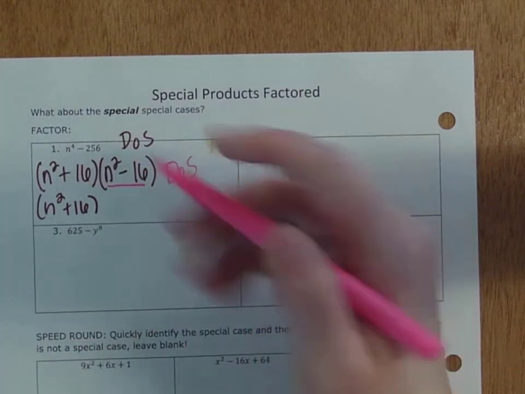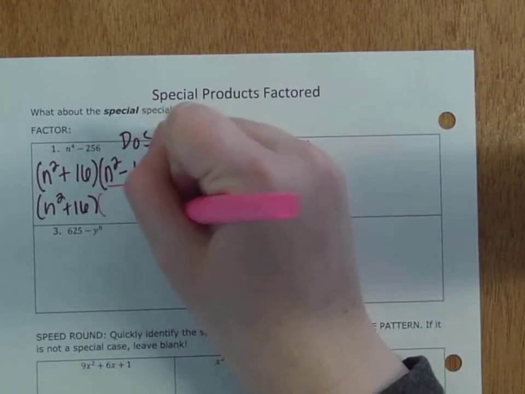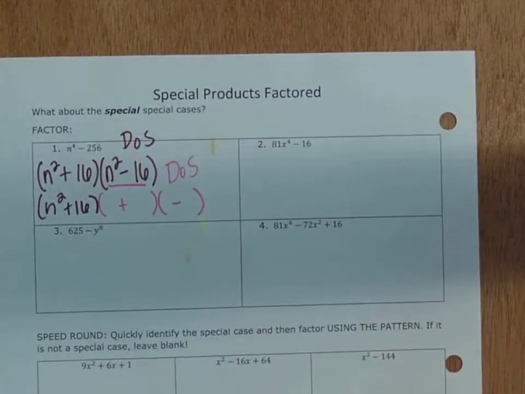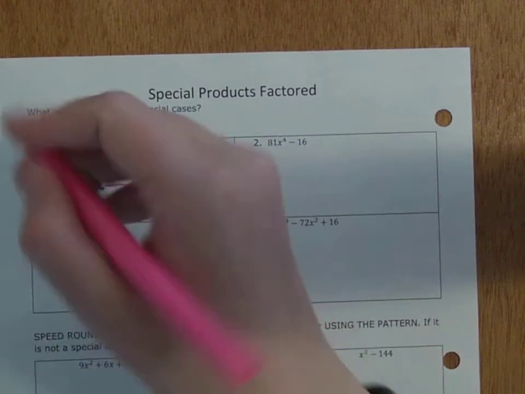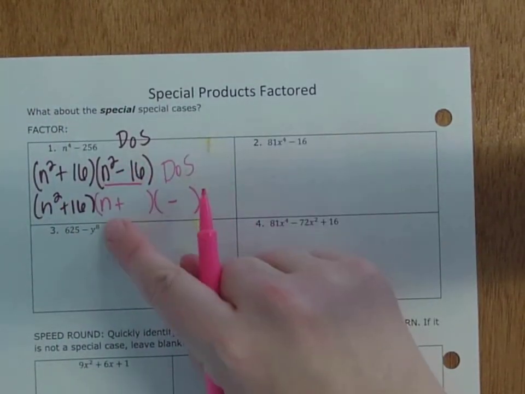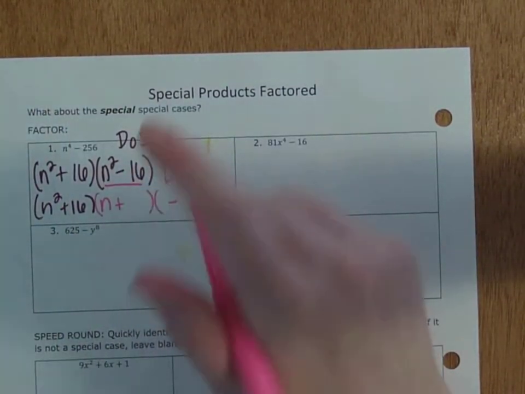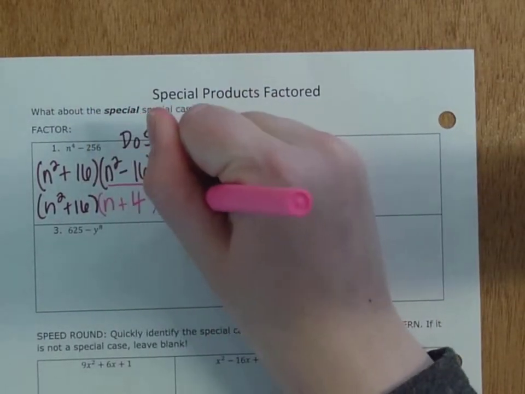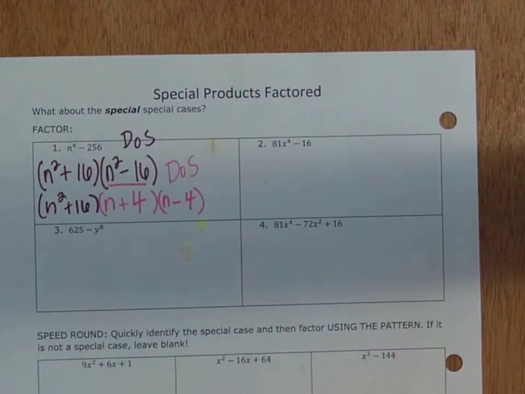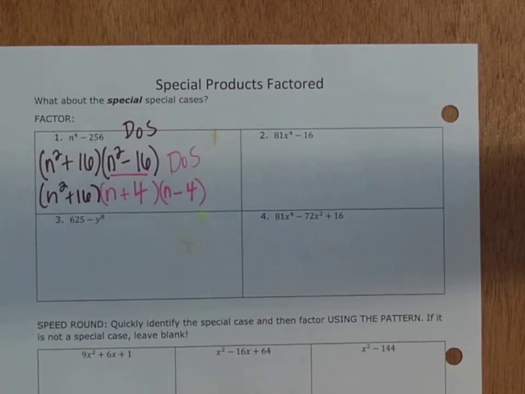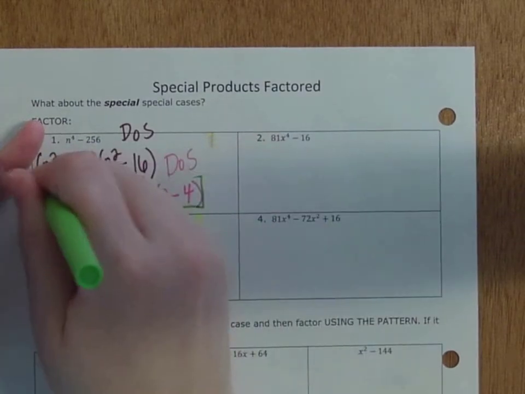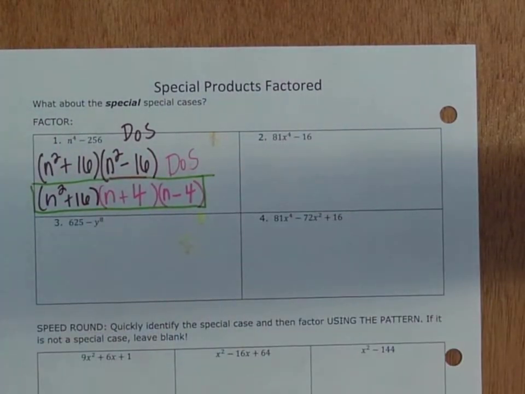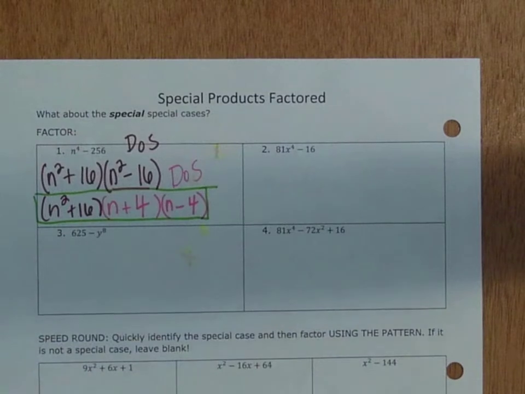Because this is a difference of squares, I know my result will be a product of a sum and difference. What would be my first term in this binomial? N, because the square root of n squared is n. What would be my second term? 4. So n plus 4, n minus 4. So in this case, you have 3 binomial factors for n to the 4th minus 256.